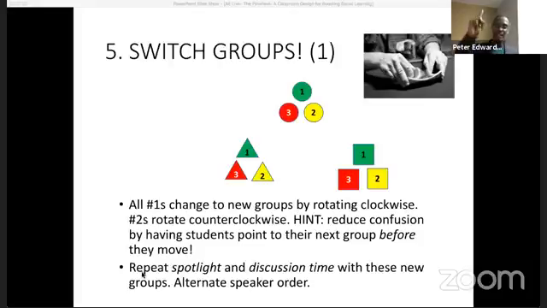Clockwise. Okay, take your finger, point to the group where you're going to move. And so that we can check to make sure everyone knows which way to move. Number two, stand up, point to the group you're going to move. It sometimes takes students a little bit of time, but we don't want them to get lost and bump into each other. So it's really important that everyone knows exactly where they're moving.